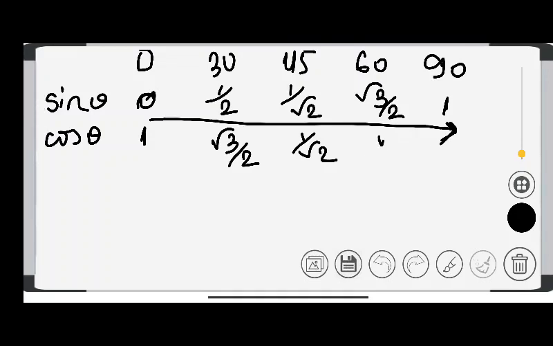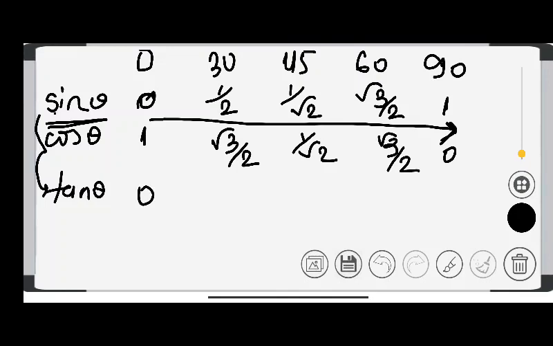So if I use tan theta, you have studied that tan theta is equal to sin theta upon cos theta. If I divide them, 0 upon 1 is 0. If I divide these two, 2 got cancelled and I found 1 upon root 3. If I divide these two, I got 1.